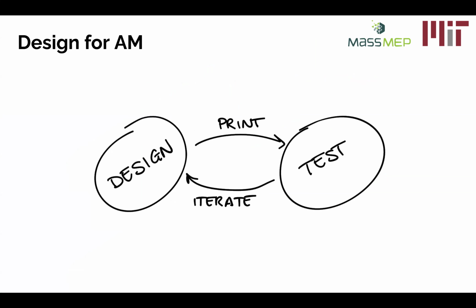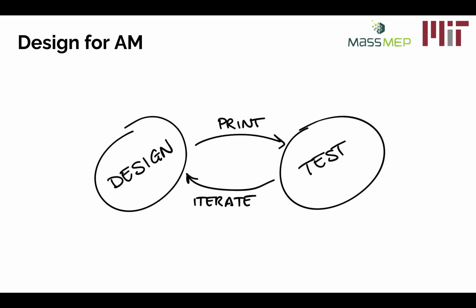The bad news in additive is that there are very few people or very few machines in the world where you'll get everything perfect on that first shot. And so a lot of the 3D printing process is about printing something, testing it, meaning dimensional inspection or material or mechanical characterization, depending on what your application cares about, and then iterating and changing something in your design or in your process workflow.